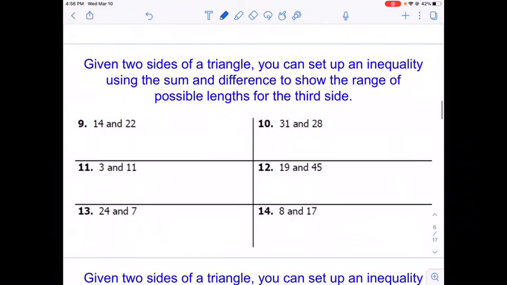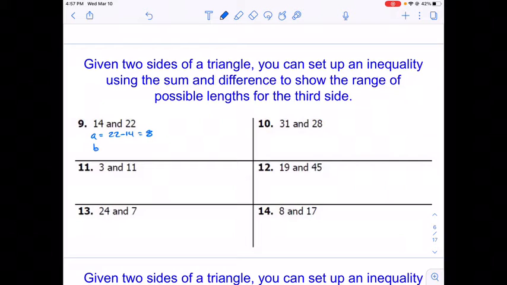Let's take a look at how this works. First of all, we're going to find our a value. a is found by subtracting: 22 minus 14 gives us 8.